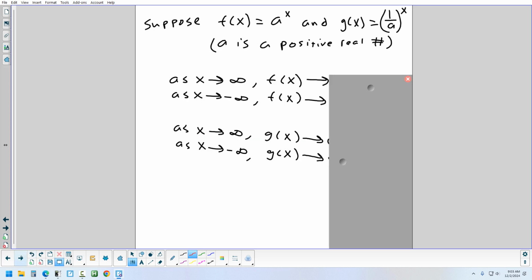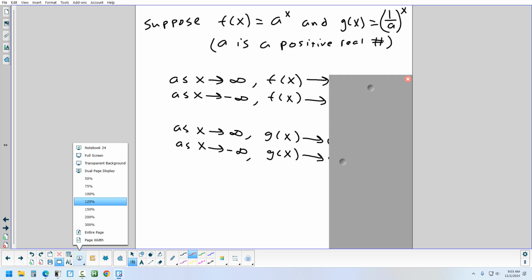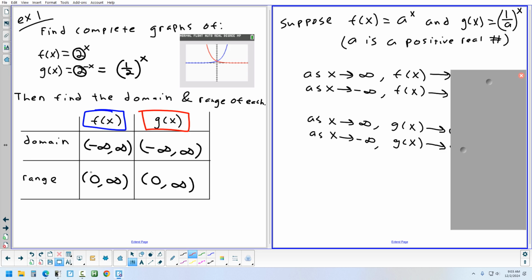So now, let's keep that up. And instead of just thinking about it with a 2 and a 1/2, I want to generalize it to basically anything. It doesn't matter if this is a 3 and a 1/3, a 5 and a 1/5, a 9 and a 1/9. It's going to look pretty much the same.